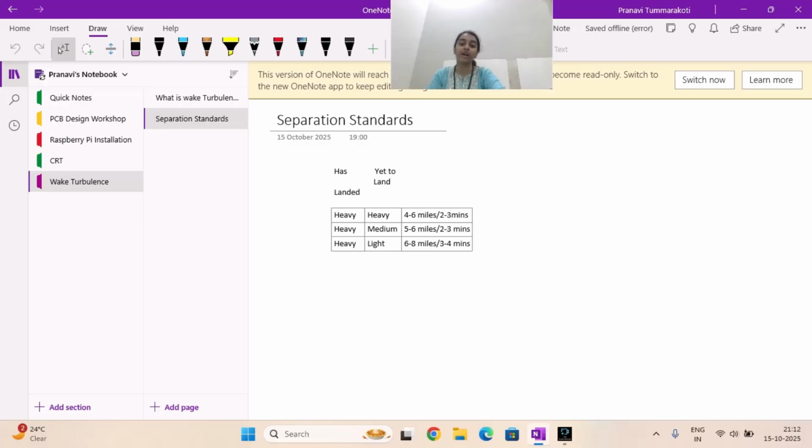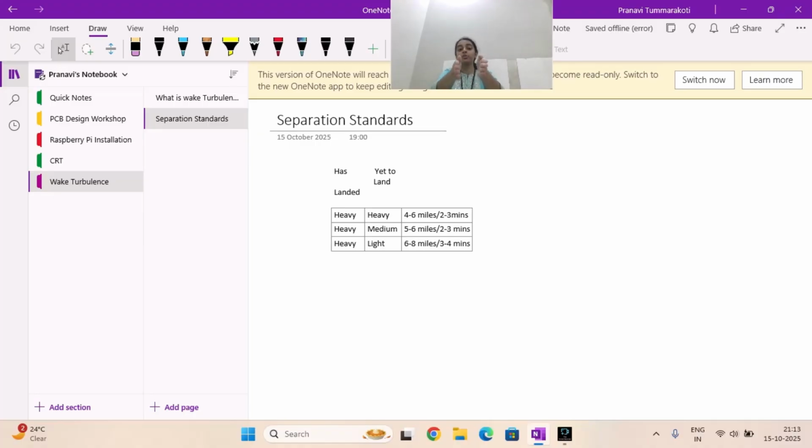These separation standards assume that the landing and takeoff are happening from the same runway. Now assume that we have landing and takeoff happening on parallel runways. As I've told you, the violent winds spread so much across the wingspan that the entire runway is unsafe for a couple of minutes. Now, if there are parallel runways, imagine this hand is one runway and this hand is another runway.